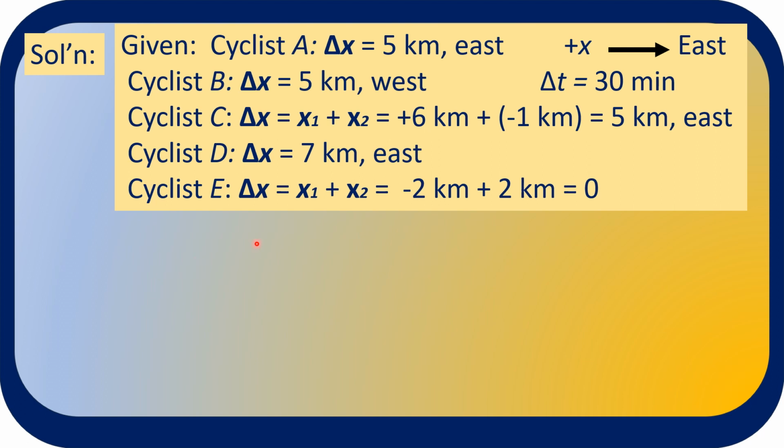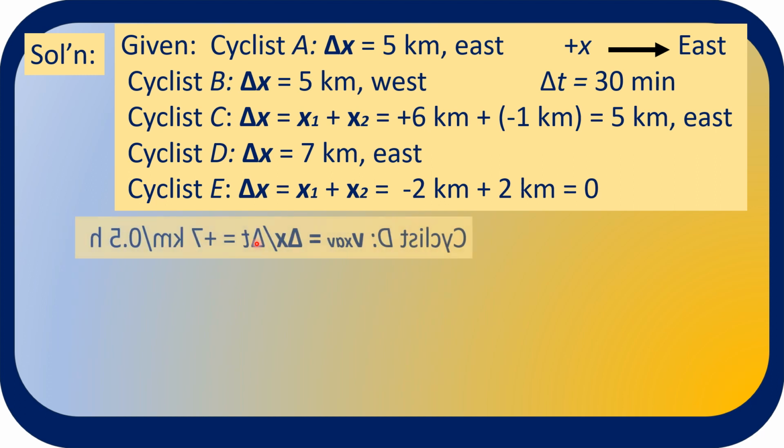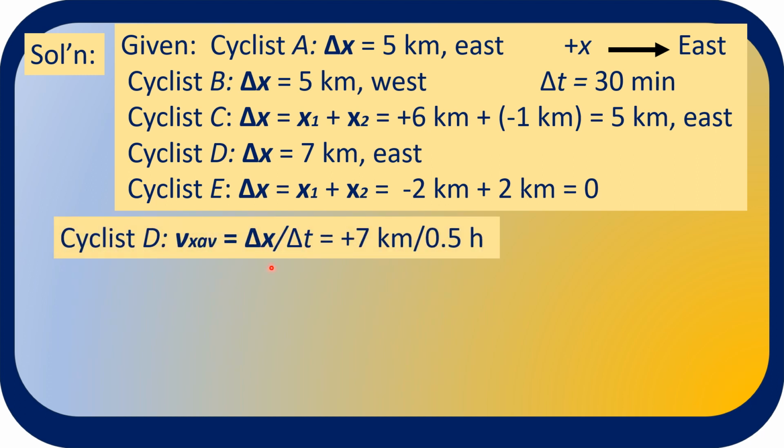So, continuing with our computation, for cyclist D, his average x velocity using the same formula, once again delta x over delta t, is positive 7 kilometers divided by 0.5 hour. So his average x velocity is equal to positive 14 kilometers per hour.